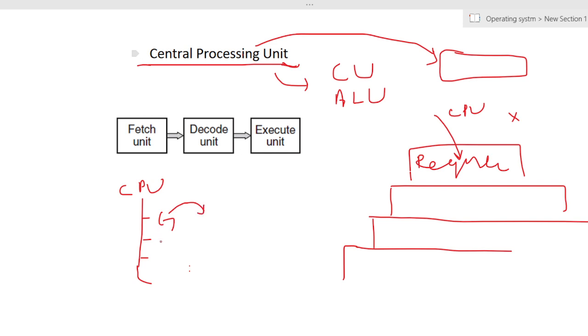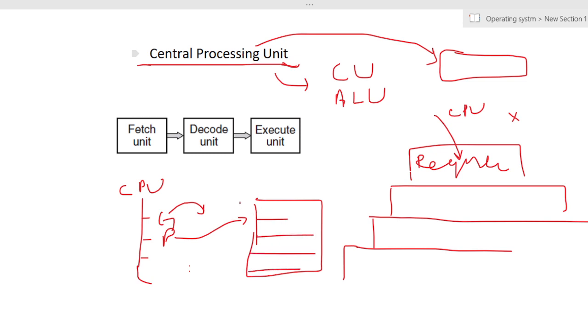Then comes a special register called the program counter. What does the program counter do? It points to the memory location of the next instruction that needs to be executed after the execution of the instruction that is being executed right now.